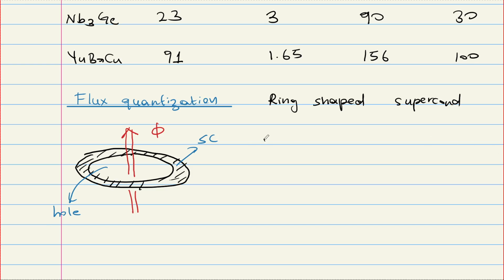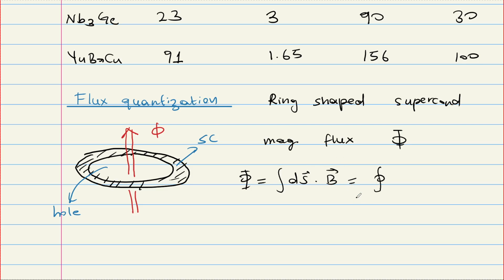And magnetic flux phi we can calculate. Phi is equal to the area integral of the magnetic field, and we always have the same trick. We convert this using Stokes theorem.